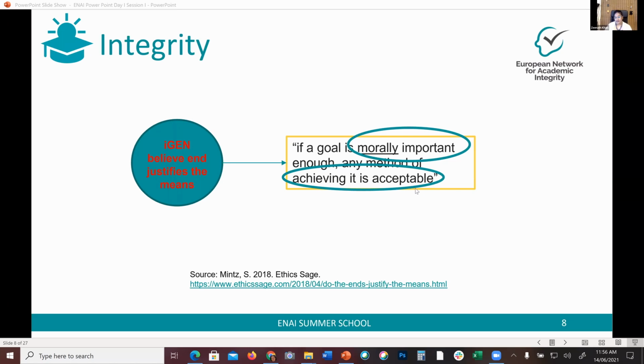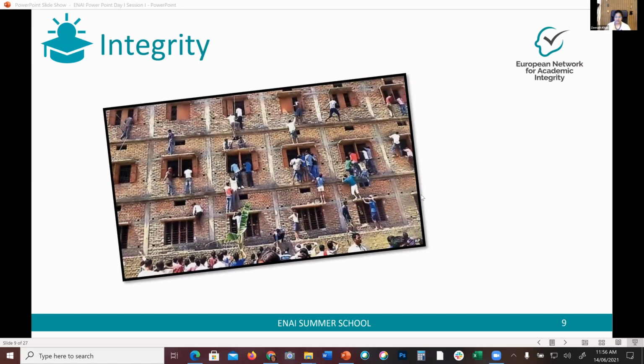If you go by this logic, have a look at this image. I'm not sure how many of you are familiar with this. This was a big thing in 2015, where in this country, parents were either themselves climbing the walls, or they were paying people to climb the walls.